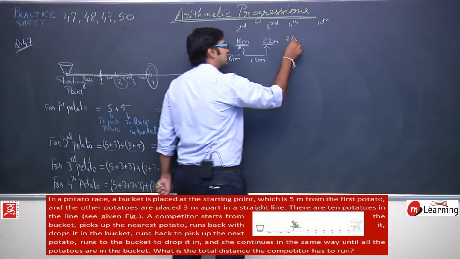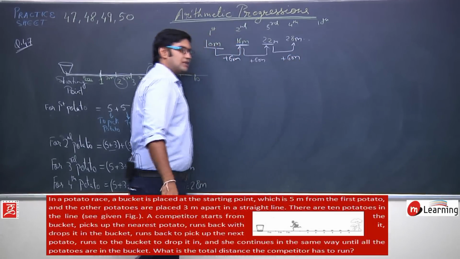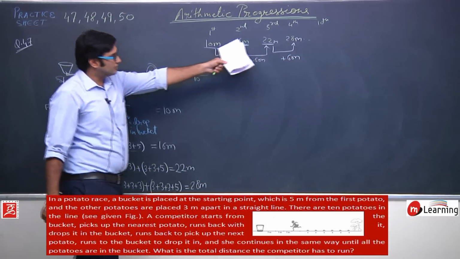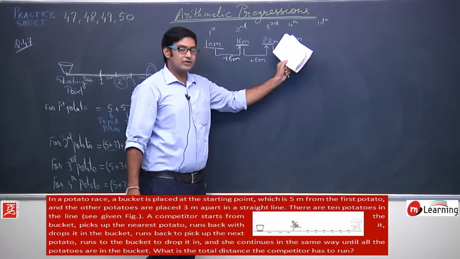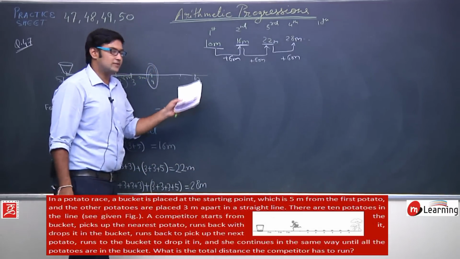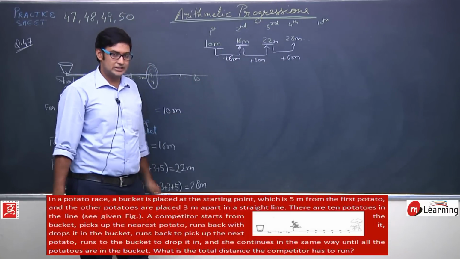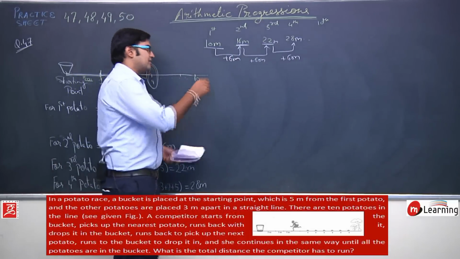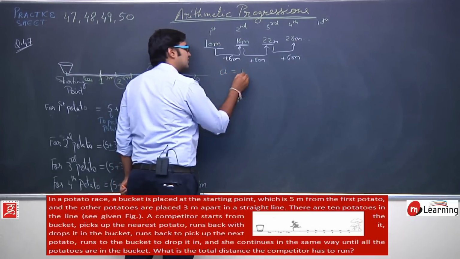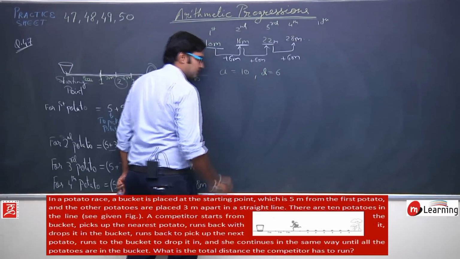Then 28 meters, again she ran 6 meters more to pick the fourth potato, which is 28 meters away. So I can observe that this is forming an arithmetic progression, and this arithmetic progression has first term equal to 10 and common difference equal to 6.